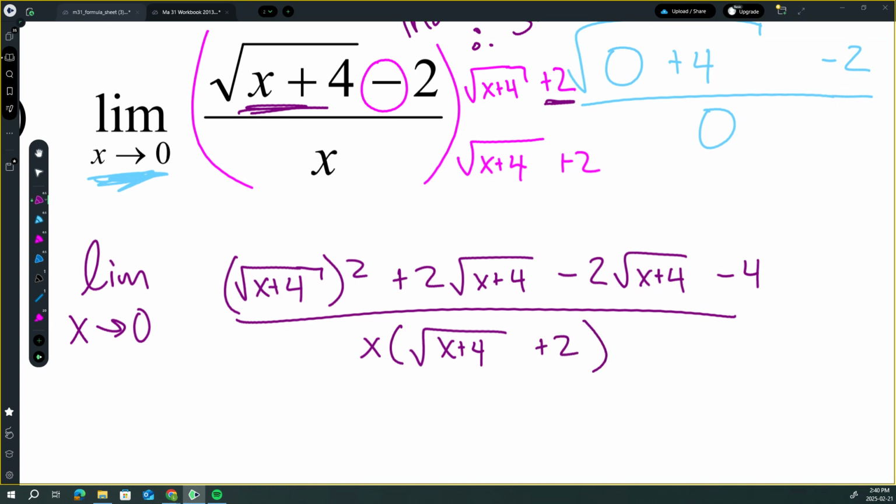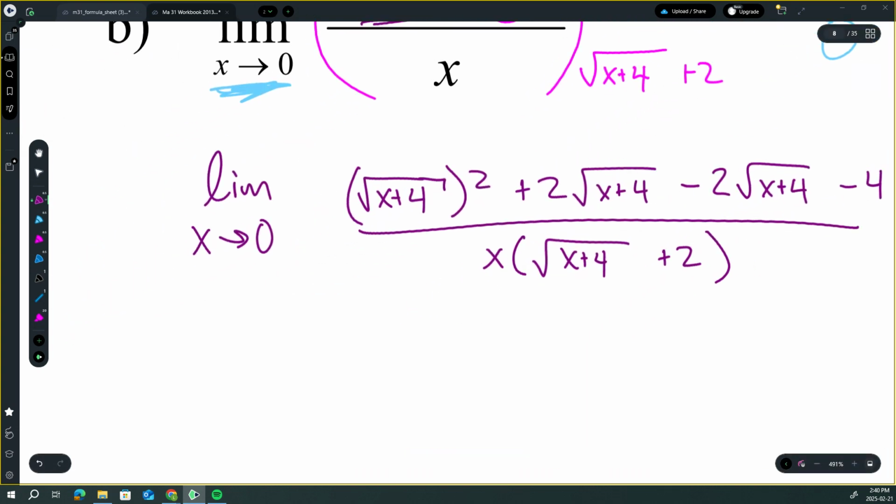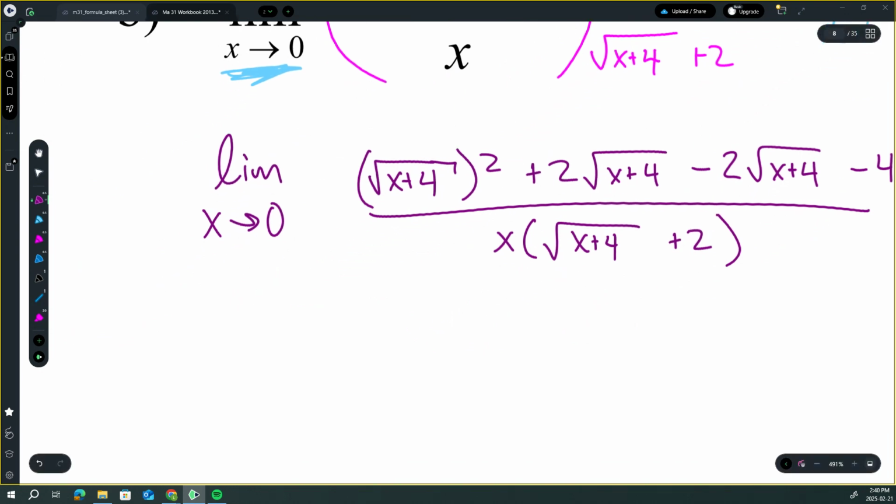We're just going to leave the denominator factored just in case things work out that we can actually use that to cancel out any one of these factors in the denominator once we work out the numerator.